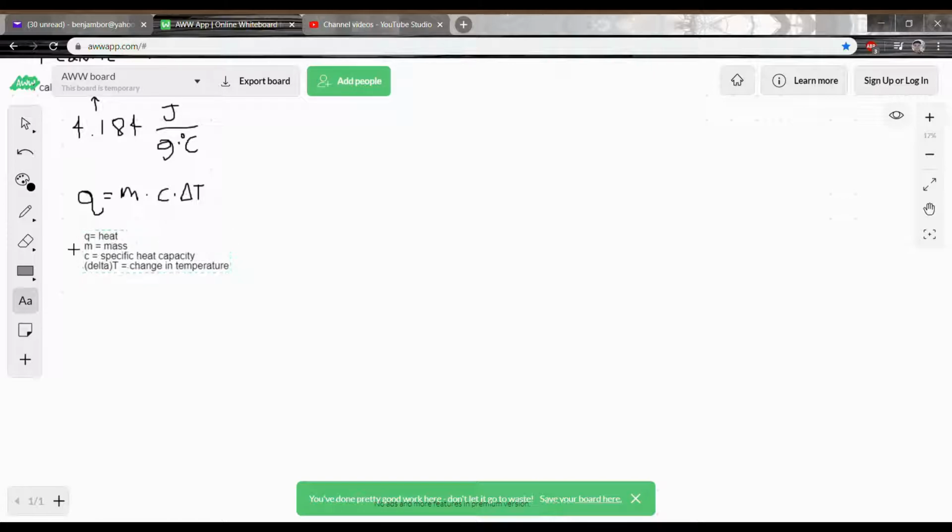Now, delta T, you should remember this symbol delta from previous chapters, but in case you don't, delta just means change in.